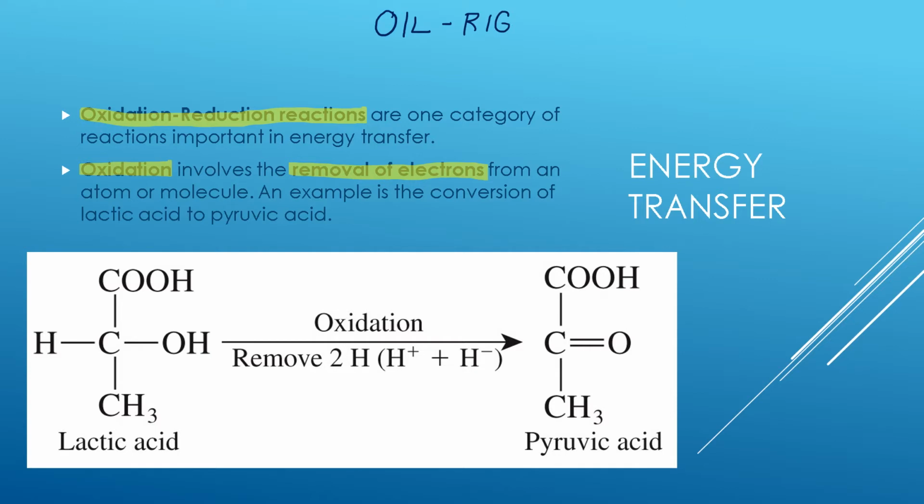It stands for oxidation is loss. This is of electrons. Remember here, so removal of electrons. Oxidation is loss. Reduction is gain. So that's going to be the gain of electrons that we'll see in the next slide, actually.